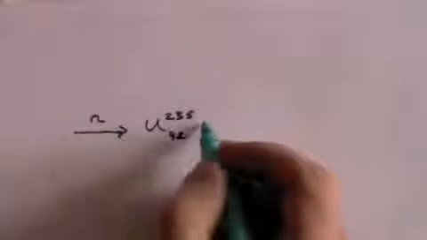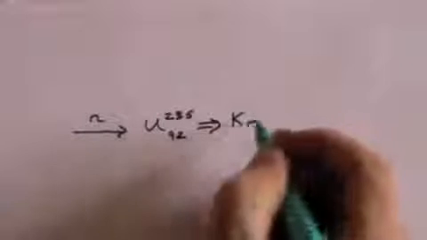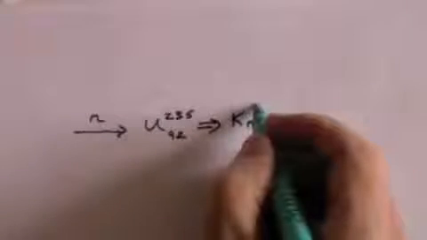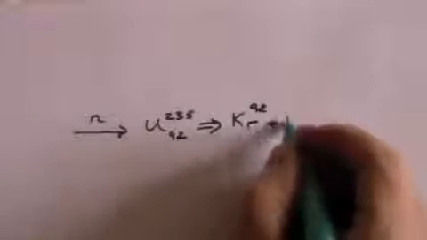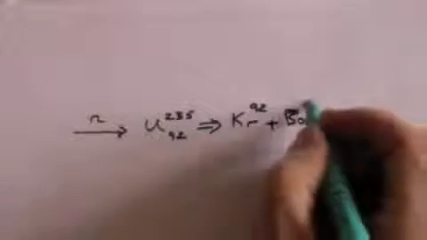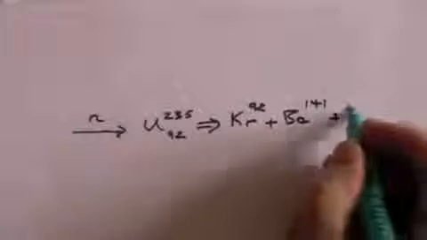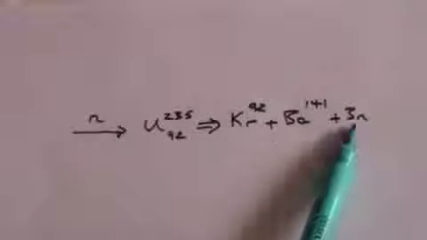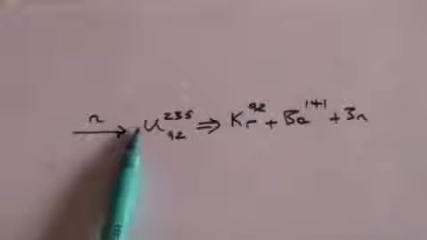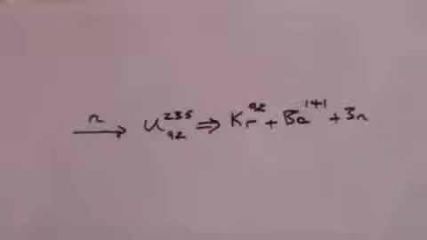What you will find is that that becomes, or is split into, krypton with 92 nucleons and barium with 141 nucleons, plus 3 more neutrons. And those 3 neutrons can go round and hit another atom of uranium and split that into these constituent parts.